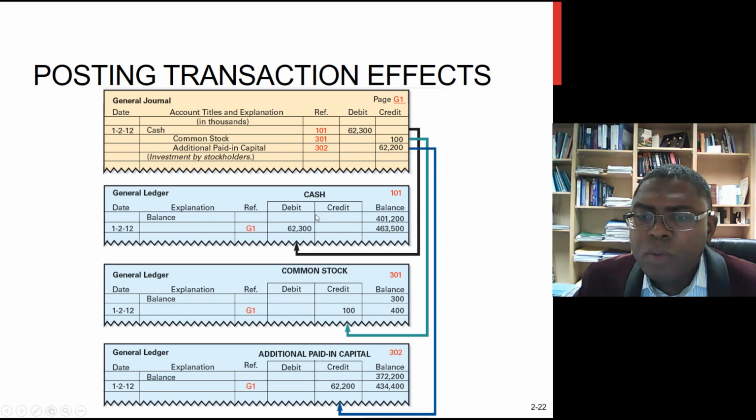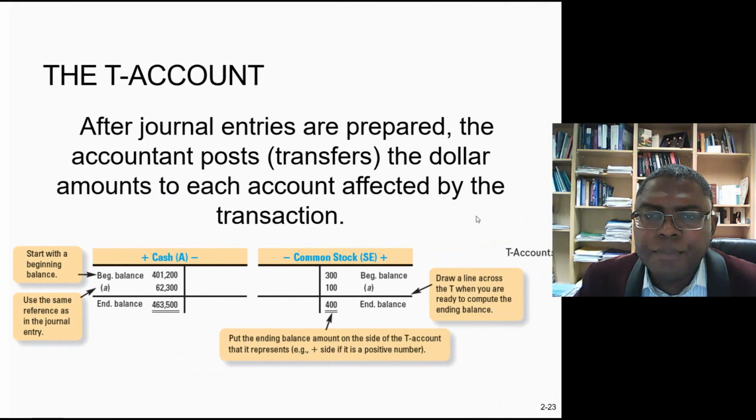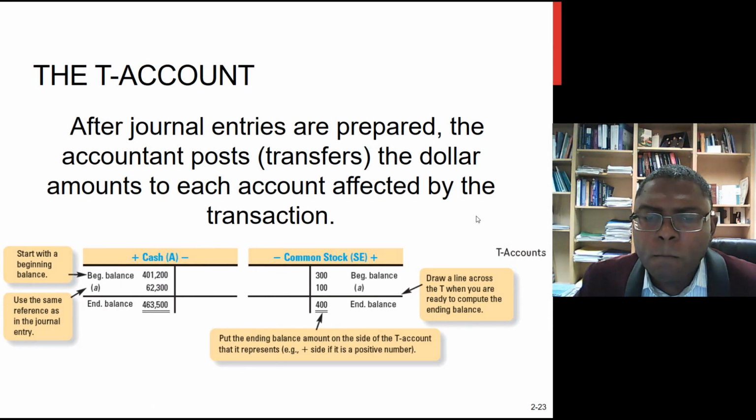In the T account, asset accounts take a debit balance, and liabilities and stockholders' equity accounts take a credit balance. Again, this is a sample of the T account standing on its own. There is an increase in an asset, it takes a debit balance. This is the common stock standing on its own. There is an increase in common stock, it takes a credit balance.